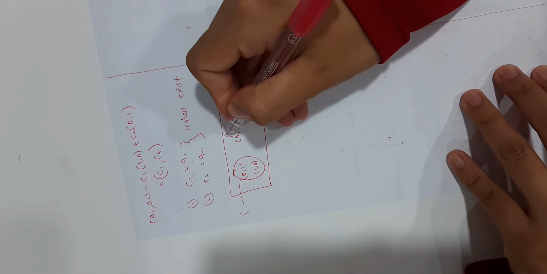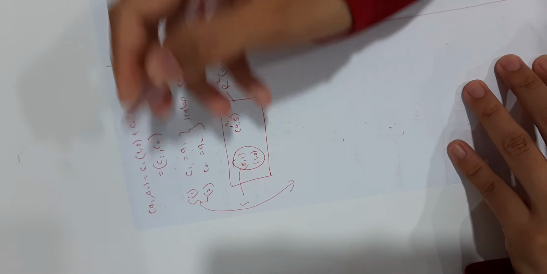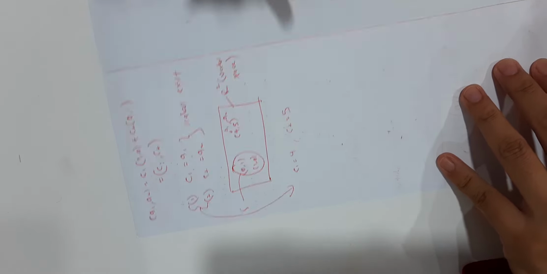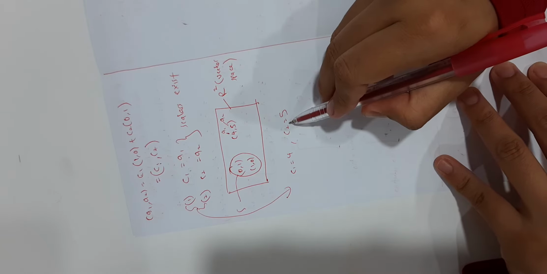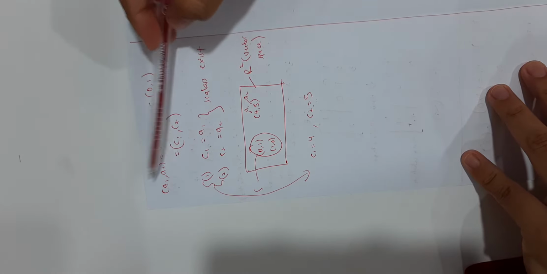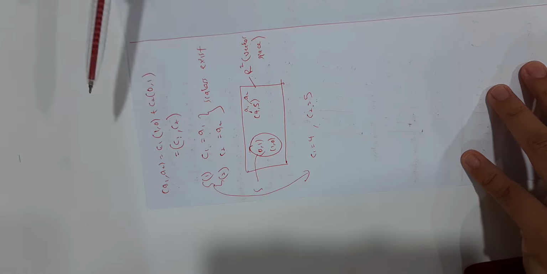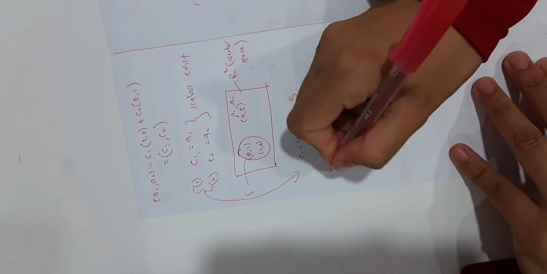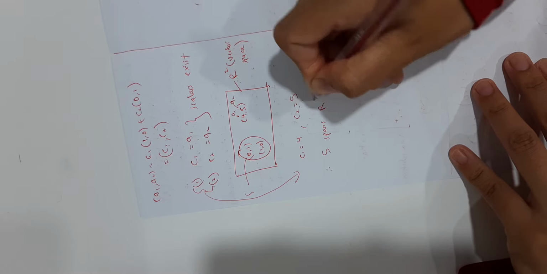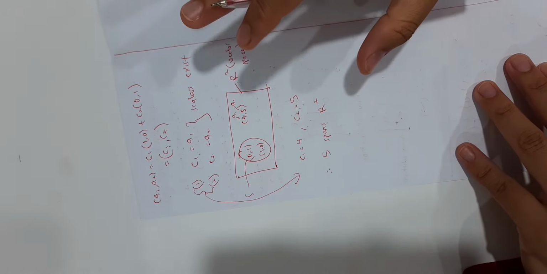Then C1 equals 4, C2 equals 5. You see, the scalars exist. So if the scalars exist, it means that any vector in R2 can be written as a linear combination like this. So it means that S spans R2. Okay? So the spanning part is done.